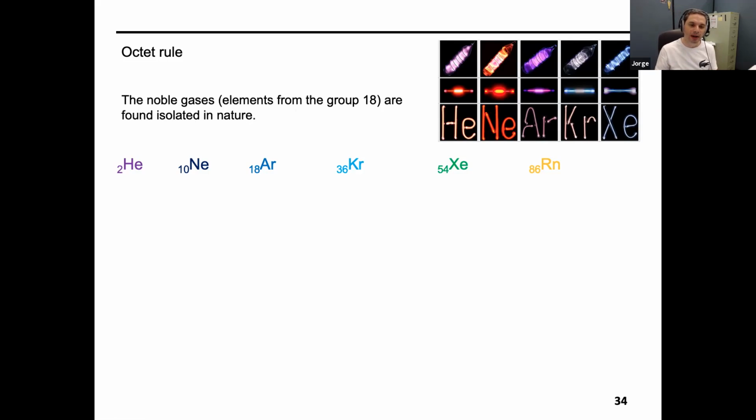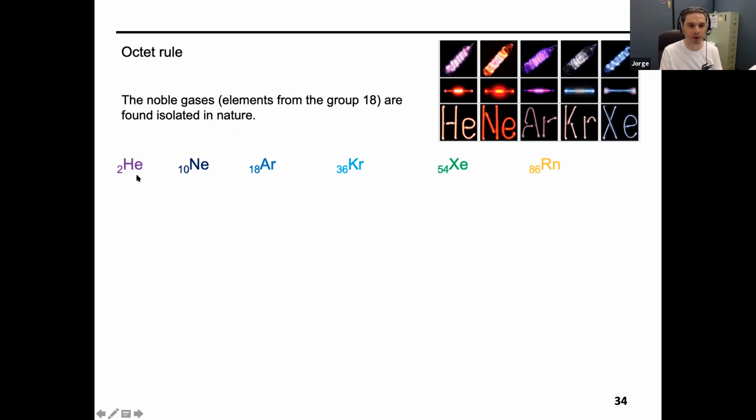Every time we find something in nature that's chemically stable, we are going to investigate this family of elements and see what makes them stable. So let's look first at the electron configuration of all those elements.